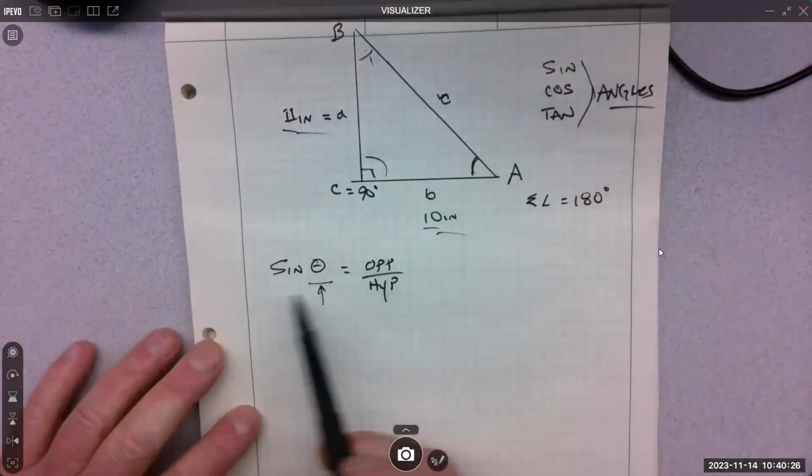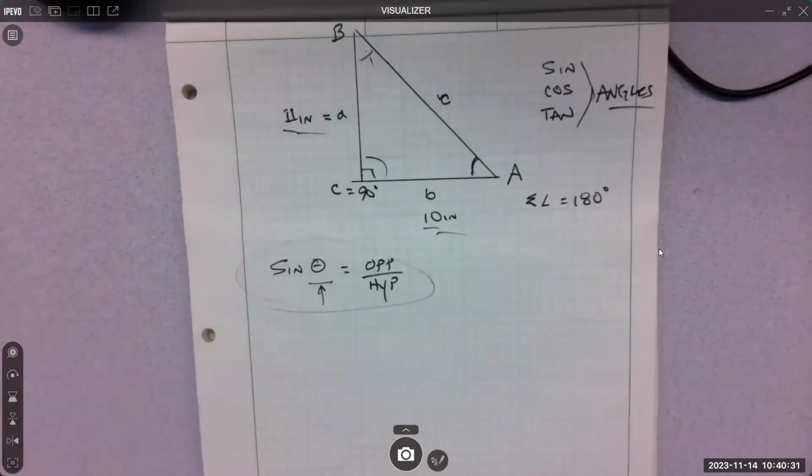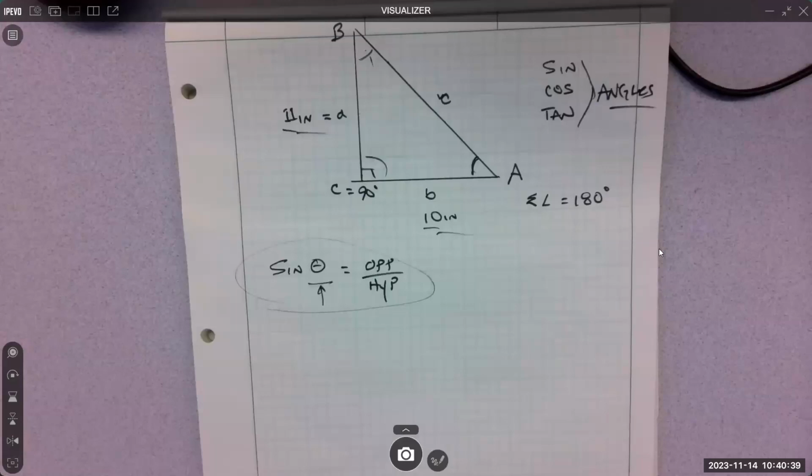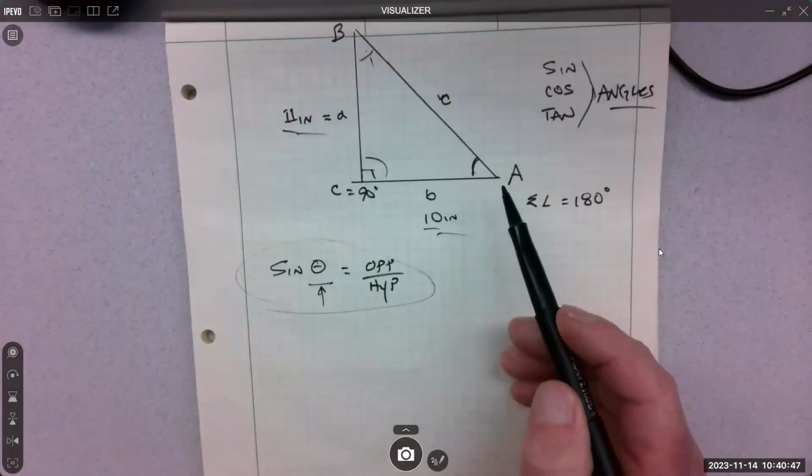The big problem for folks that haven't used trigonometry a lot is they always try to do the same thing with sine, like always use that lower right angle. Well, you can't. Sometimes you have to use some other angle and just set up what's opposite and what's hypotenuse. This is always hypotenuse, that long side of a right triangle.